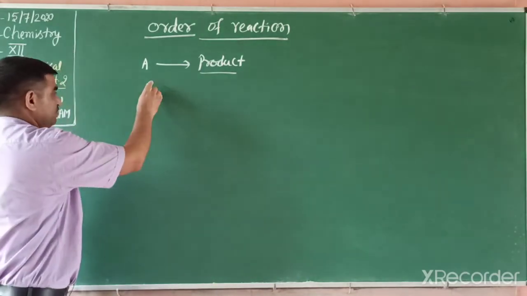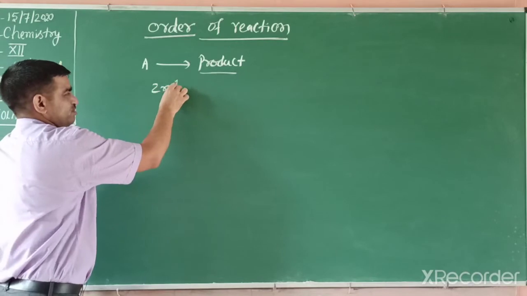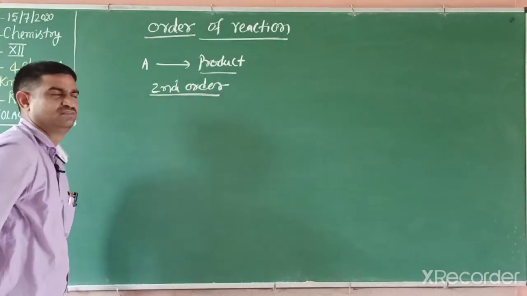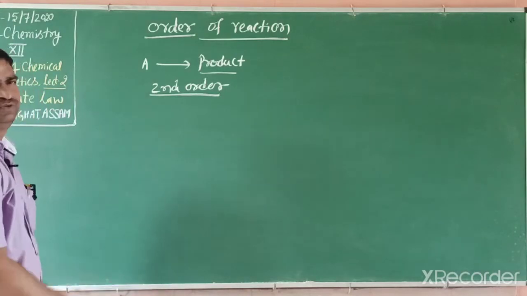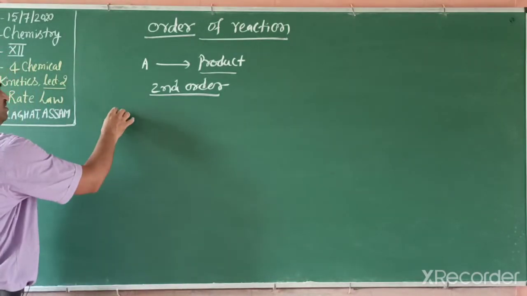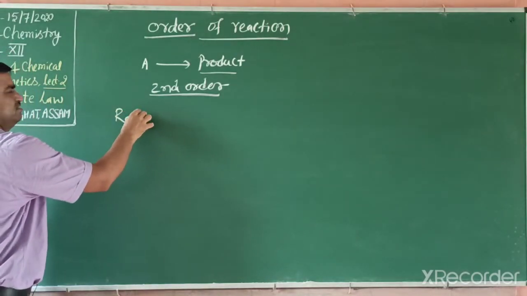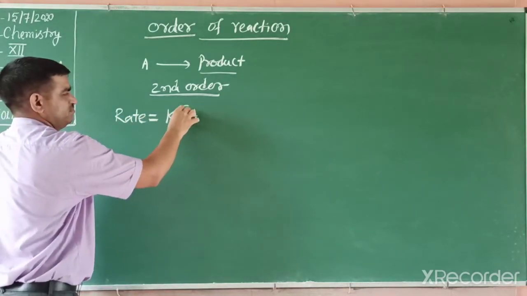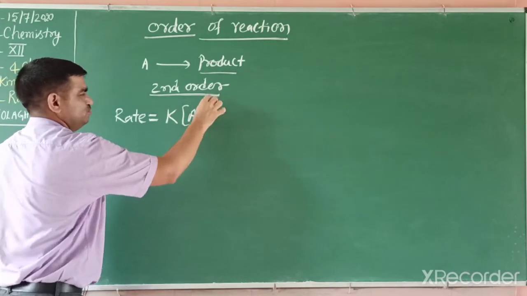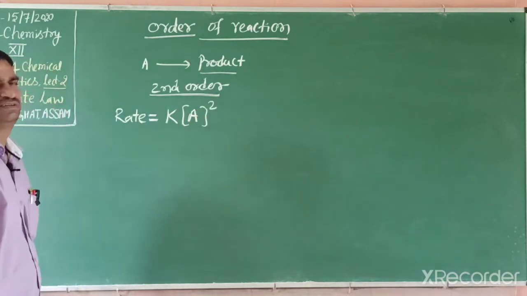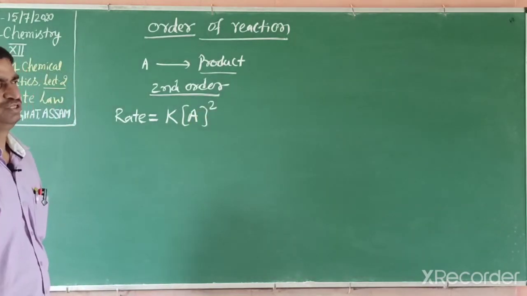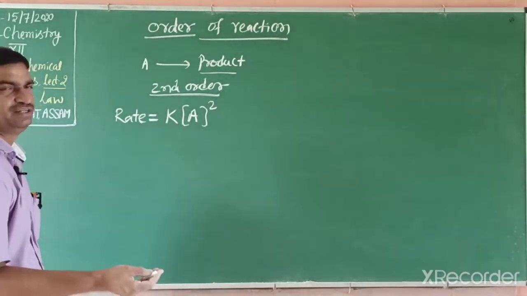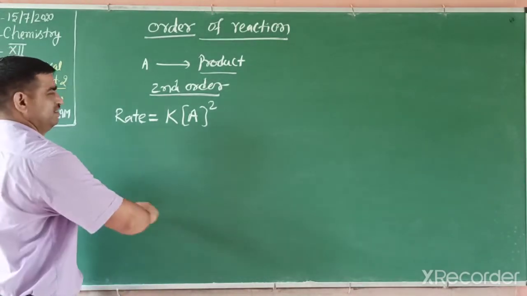The reaction is second order with respect to the reactant. So we write the differential rate equation: rate is equal to k [A] power 2, because it is second order kinetics. The question is: does the rate of reaction increase or decrease when the concentration is doubled?